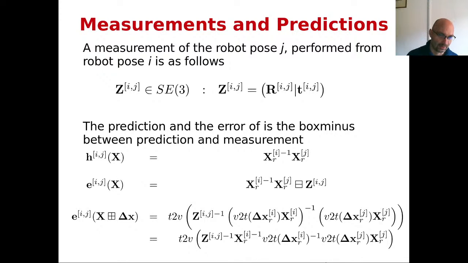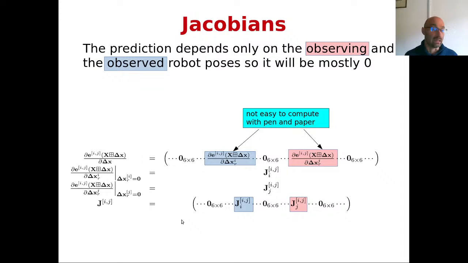And I obtain it by applying the inverse of the transform-to-vector operation to T. And the structure will consist of 6 by 6 blocks, because each of the blocks of this Jacobian depends on one of the blocks of the delta x_i, delta x_j in the system.